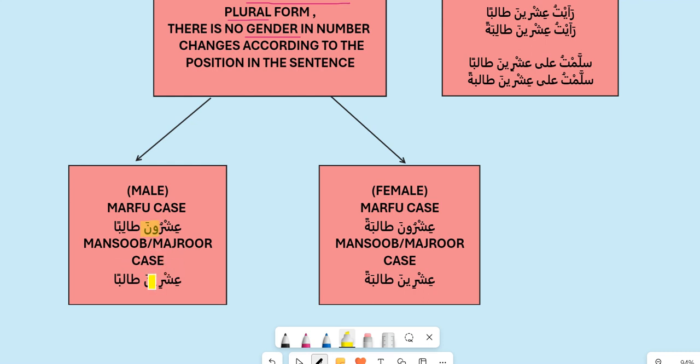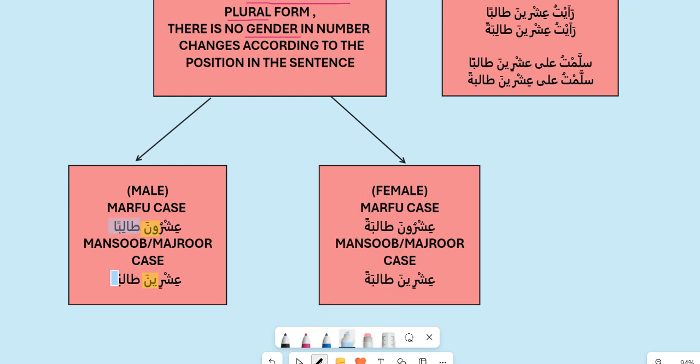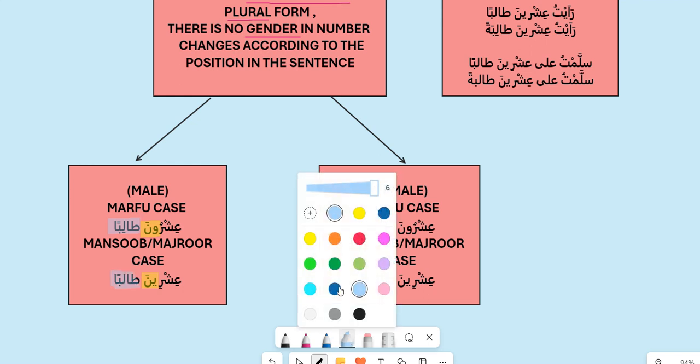And I have given the examples of feminine and male numbers. So you can check here the male numbers. It's Taliban, male. Shall I take pink? Okay, let's take this color so it will be visible.